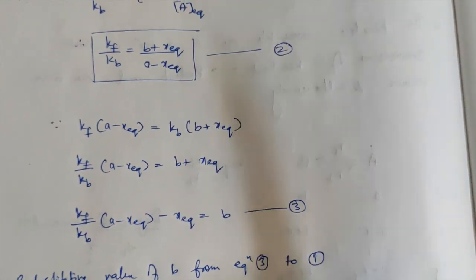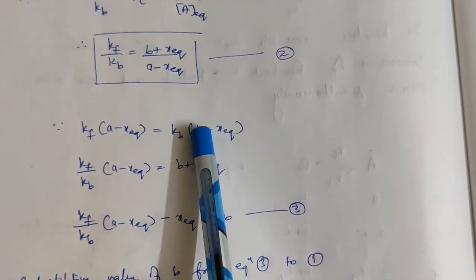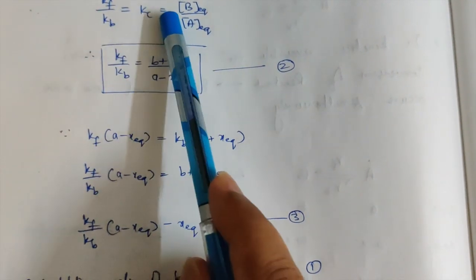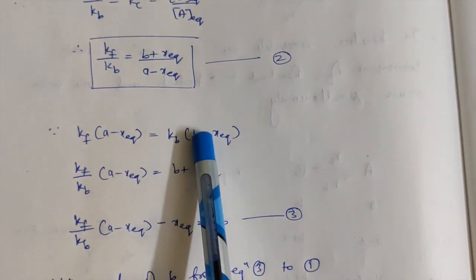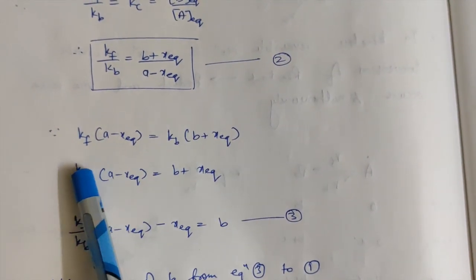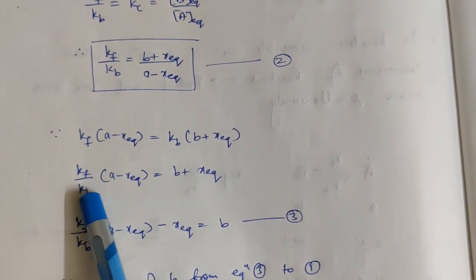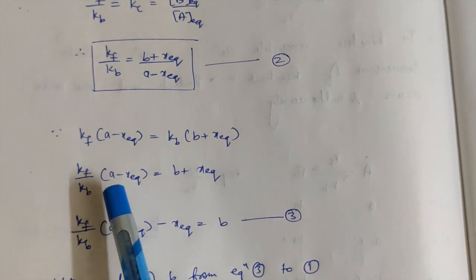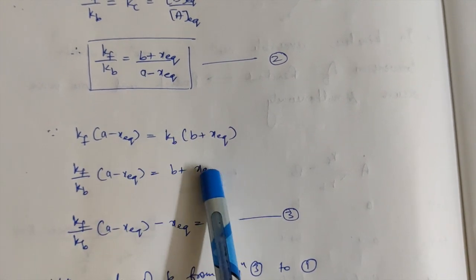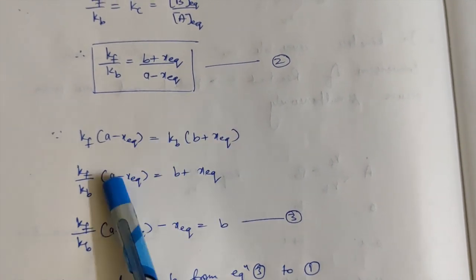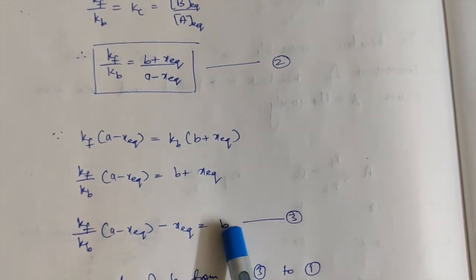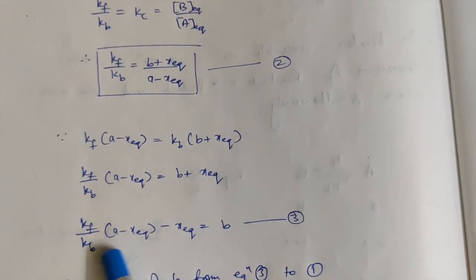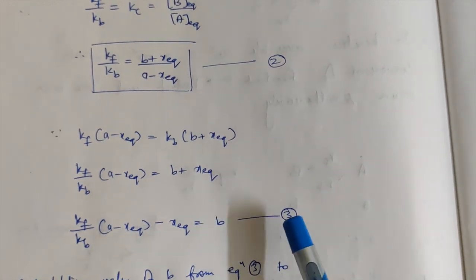Now again I can take both of these equal, as in the previous step, and divide both sides by Kb. I'll get Kf by Kb, and on the right hand side B plus XEQ. I'll take XEQ to the left hand side to get the value of B. So I got the value of B, let it be equation number 3.